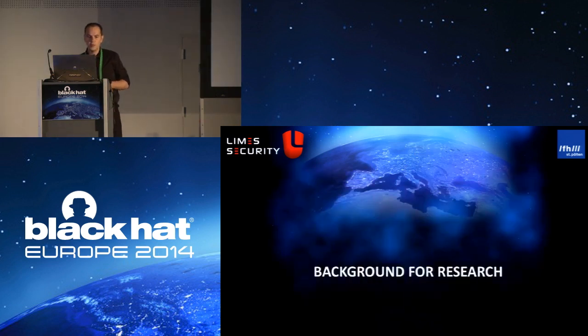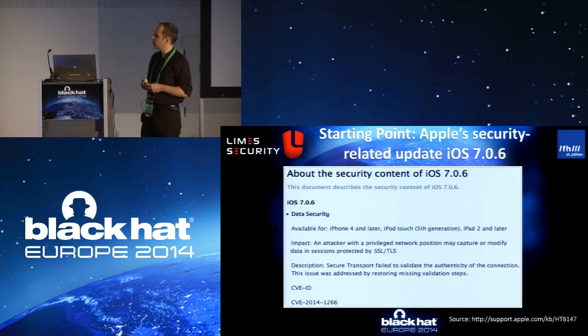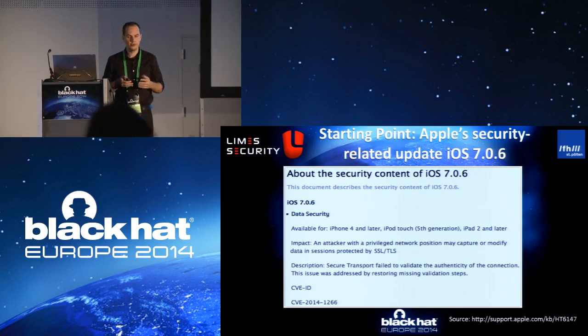So what was the background for the research? I guess all of you who have an Apple device have read the security bulletin about the security content of iOS 7.0.6. It says there's a problem with data security: an attacker with a privileged network position may capture or modify data in sessions protected by SSL/TLS. When I read this, I thought, oh boy, this is already the worst case.